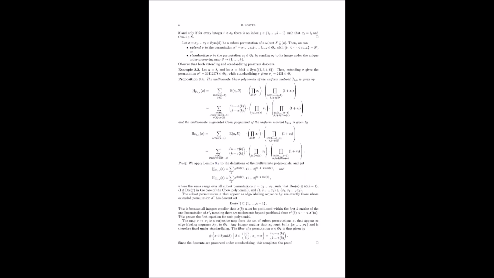So it's like having multiple tools in your toolbox, each offering a unique perspective on the same problem. And equations 1.4, 1.5, and 1.6 provide similar representations for the augmented Chow polynomial, correct? Yes. And the beauty of having these multiple representations is that you can choose the one that best suits the specific problem that you're tackling.